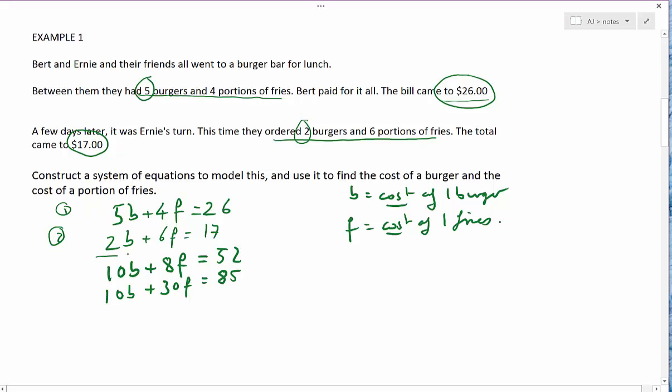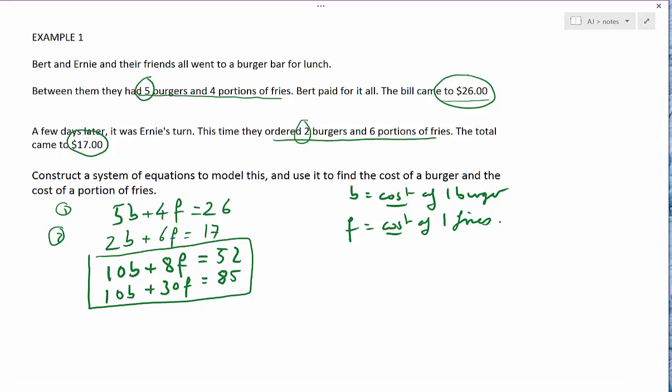So we can see from these two that they both have 10 burgers, but Ernie's order has a lot more fries than Bert's order, and that difference of the fries is causing a difference in the cost because they both had the same number of burgers.